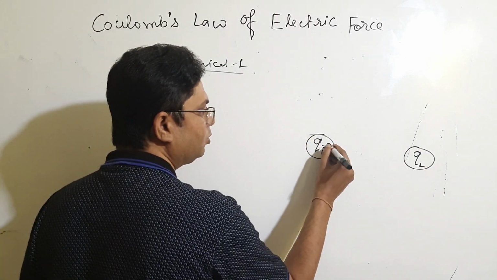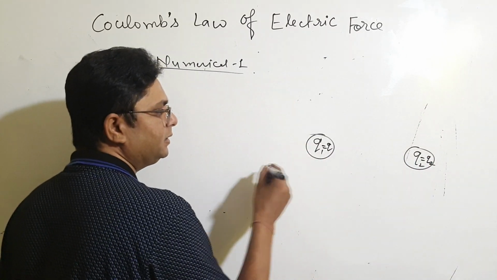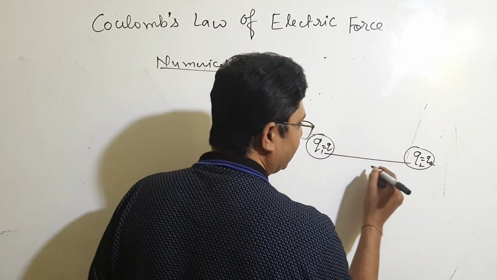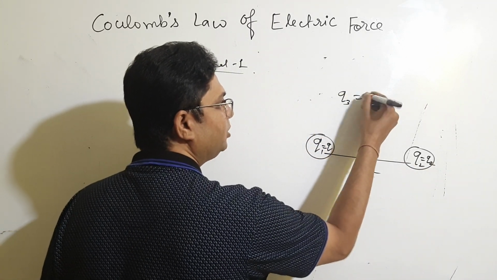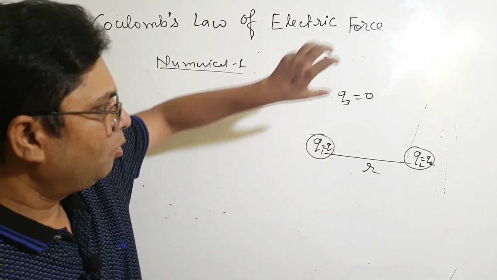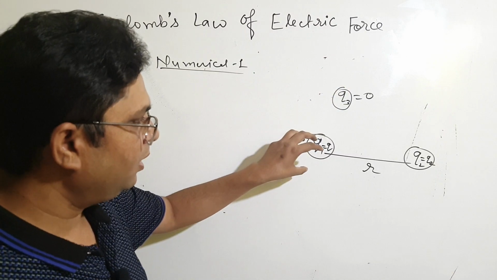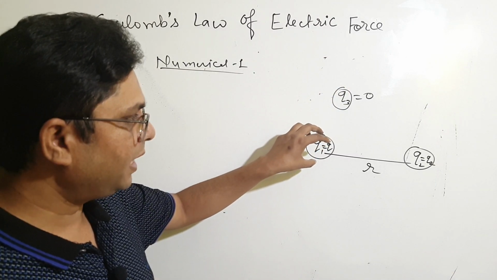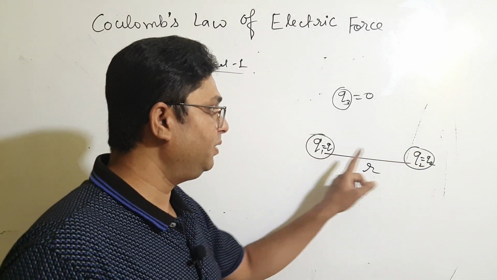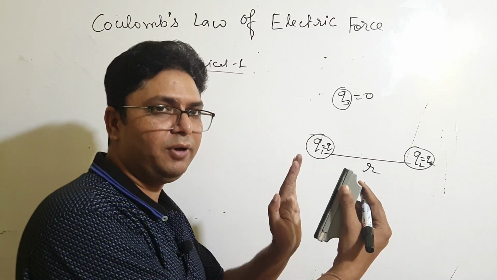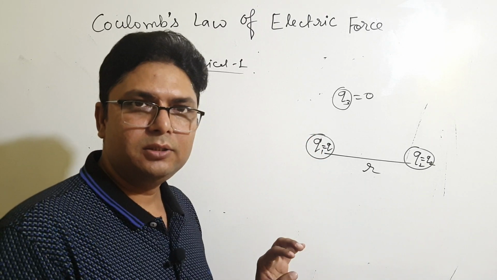Let Q1 equal Q and Q2 equal Q also. Let the distance between these two charges be R. Let there be a charge Q3 whose value is 0. Now hold the charge Q3 and touch it to the charge Q1. After that, touch it to the charge Q2 and remove it. And the distance between Q1 and Q2 becomes half. Then what will be the new force in this system?